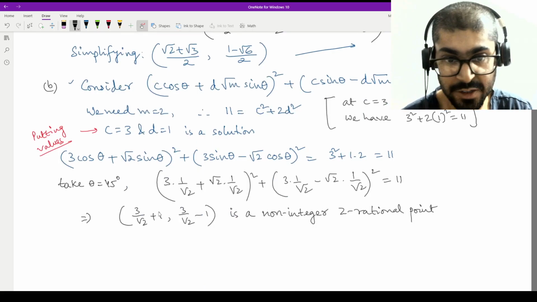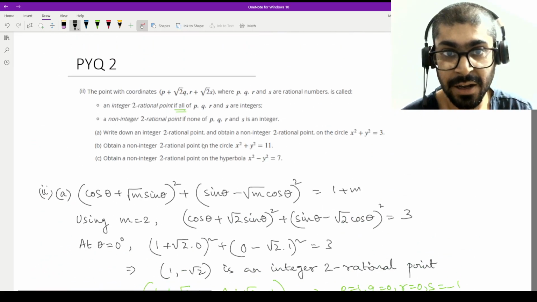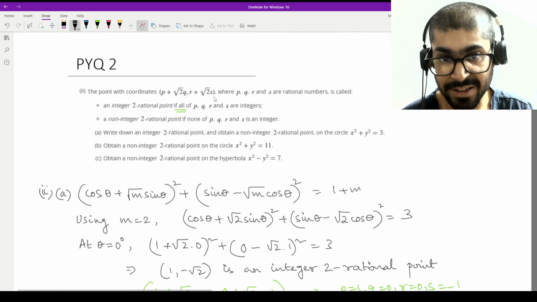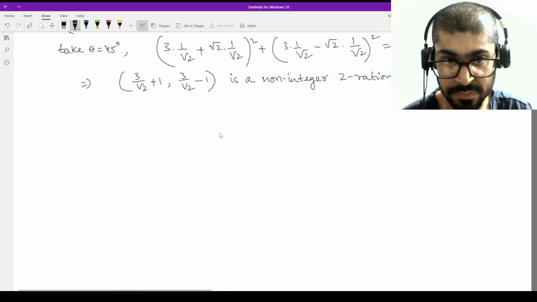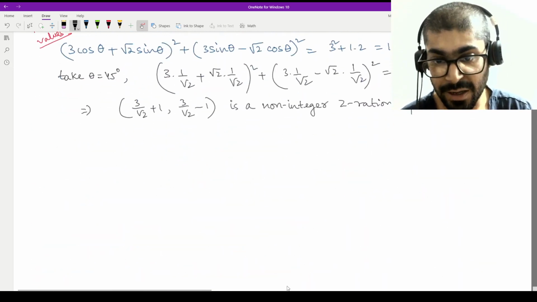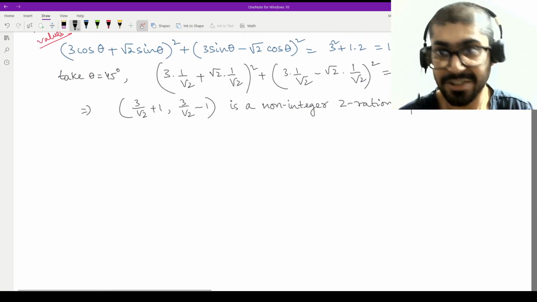Because to get this 1, I would have to set my q and my s as 1 by root 2. So in no way will I get a rational number there.